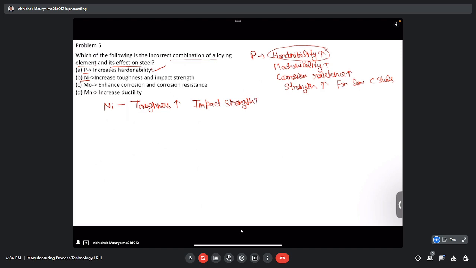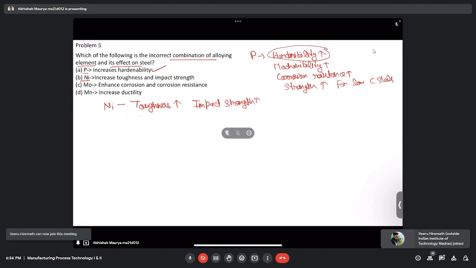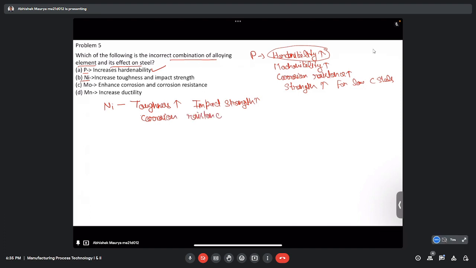And it also increases the corrosion resistance. Yes, so both things it increases. So yes, this second one is correct.